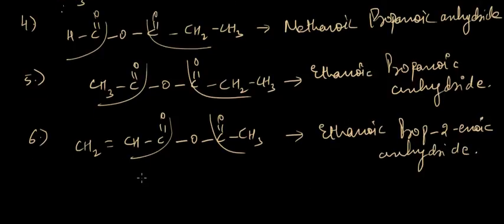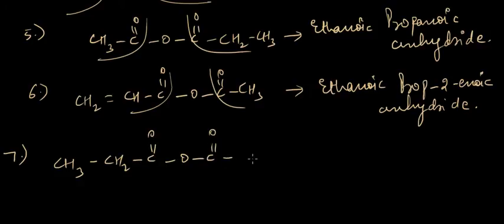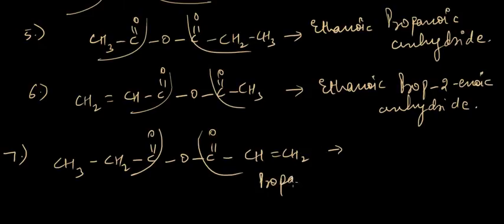Okay, let's look at this example. So this would be called propanoic and prop 2 enoic anhydride.